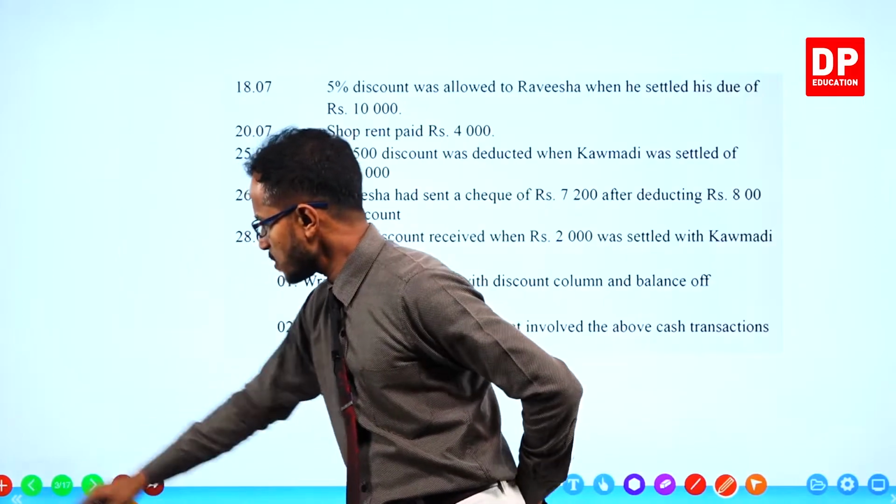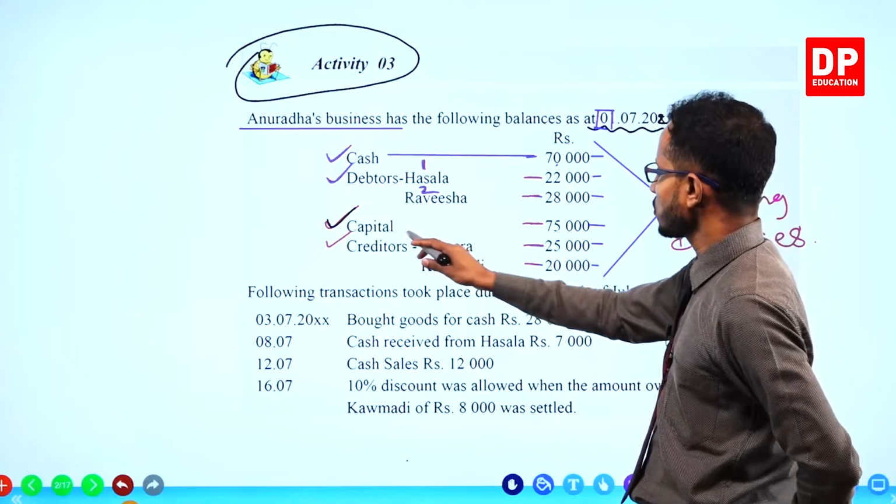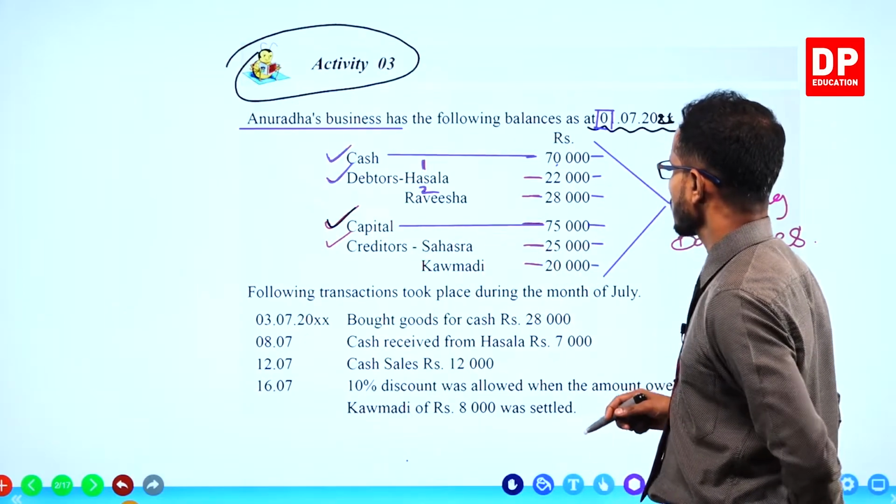There was a balance of 75,000 in the capital account.